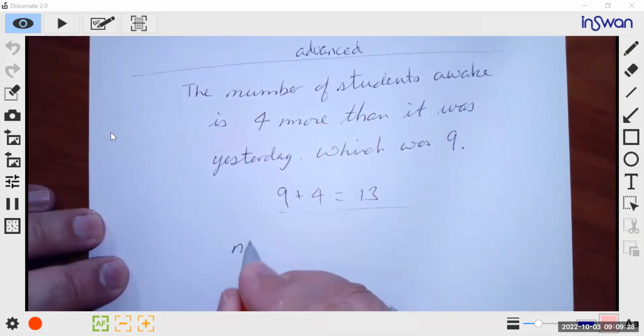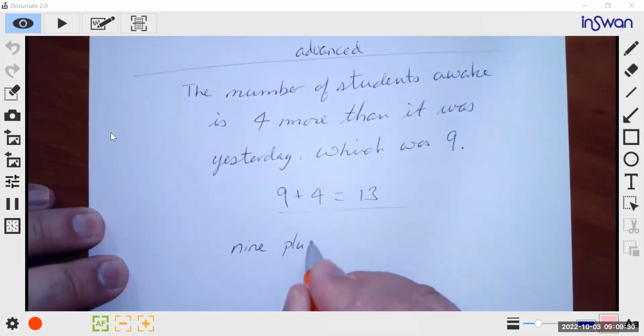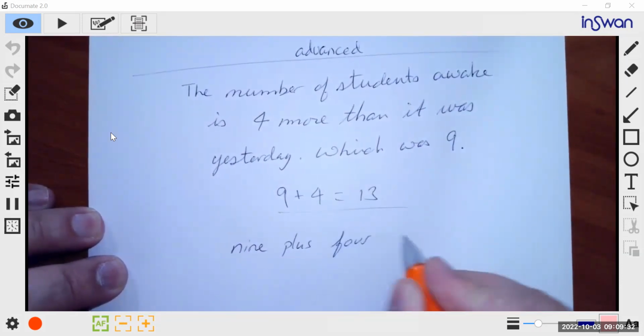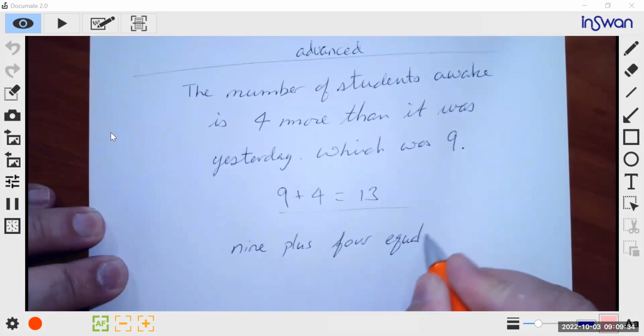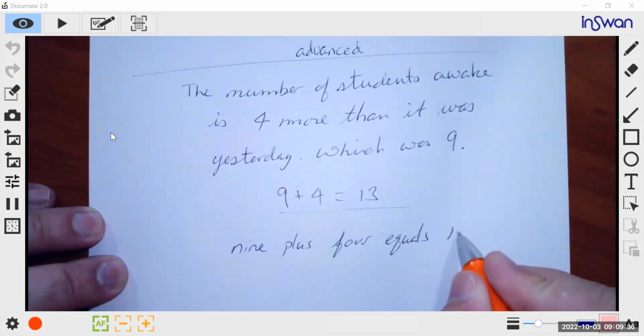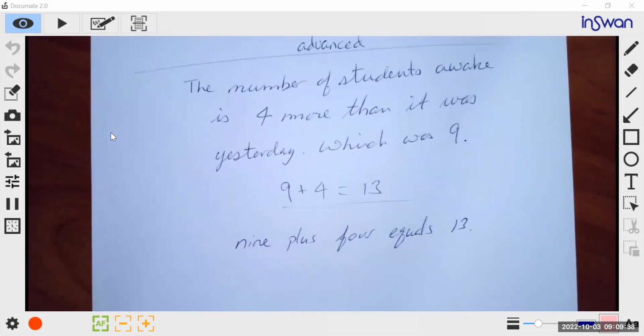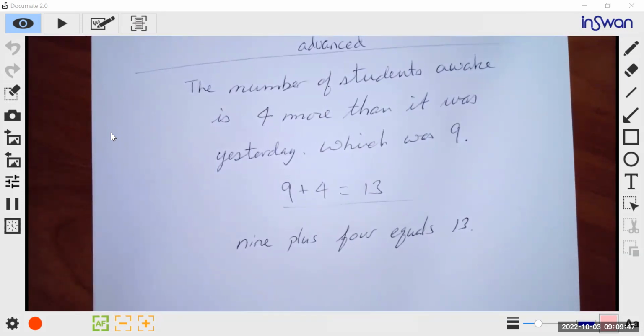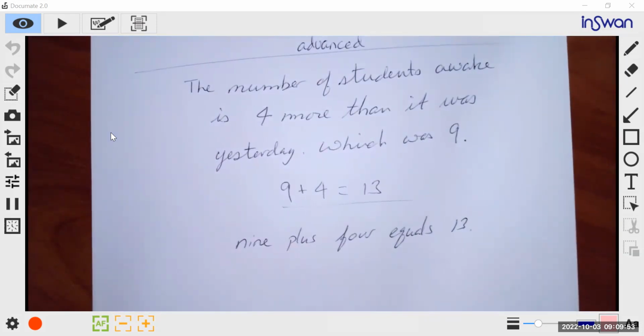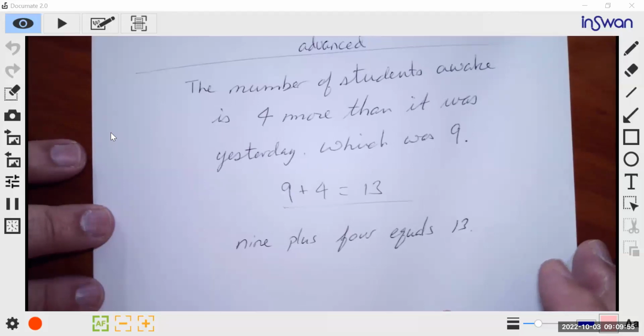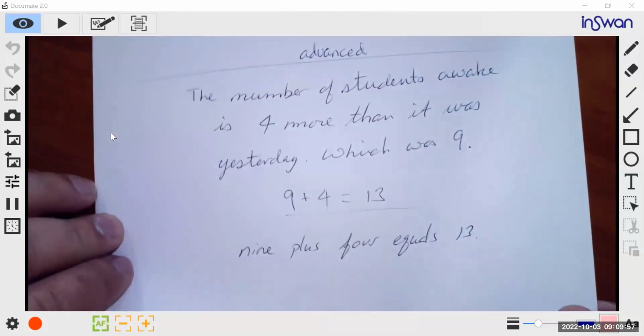Yeah. 9 plus 4 equals 13. Everything that you learn is always in words. If I say the word seven, you take that word seven and you make it mean that symbol 7. So we should only teach math in word problems.